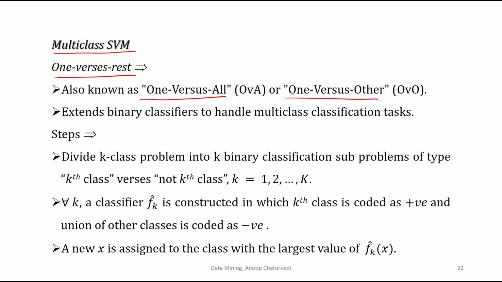Basically, the idea is to extend the binary classifier to handle multi-class classification tasks. So, your objective is multi-class classification, and you are using the binary classifier in such a way that you can handle this multi-class classification task.